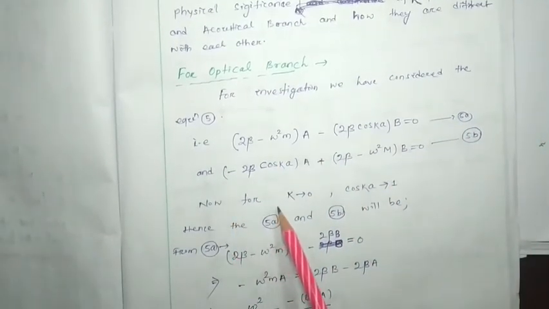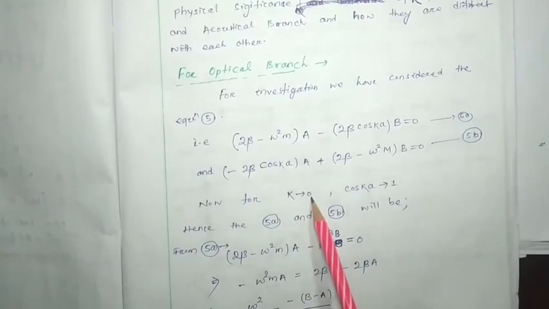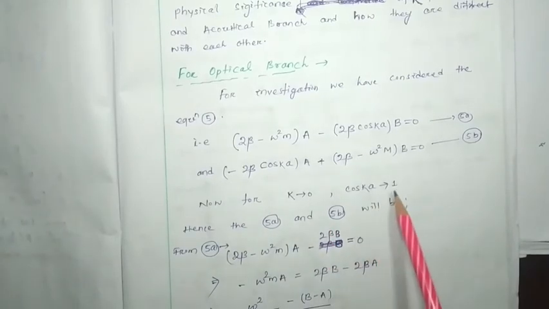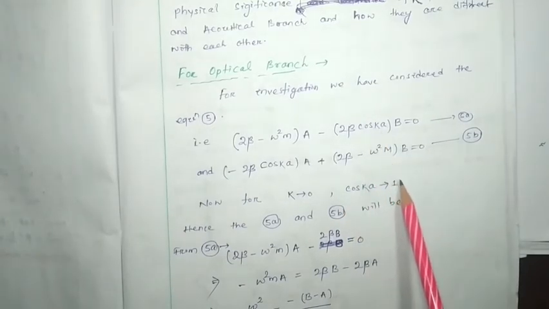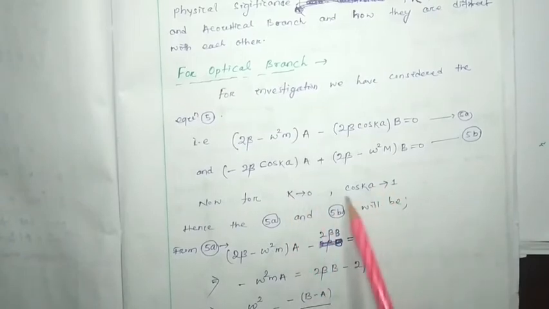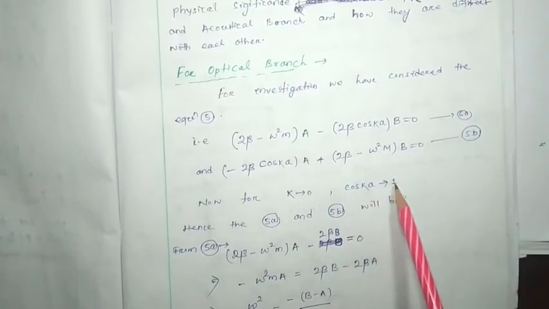Now for k tends to 0, cos ka tends to 1.